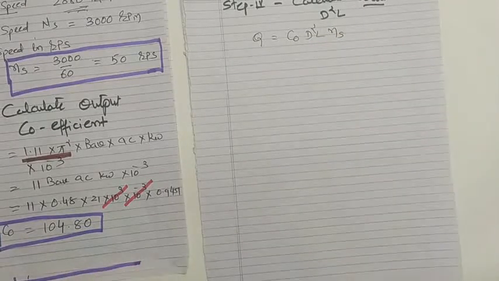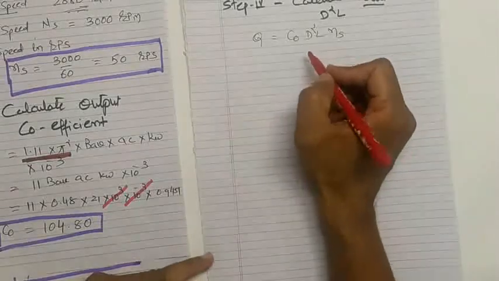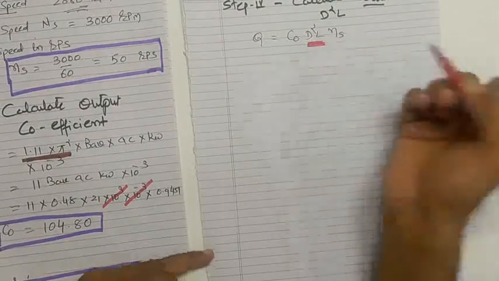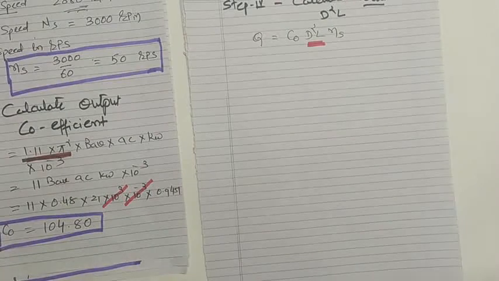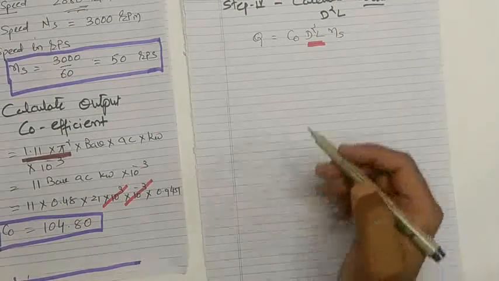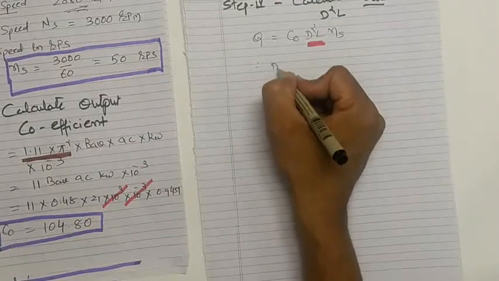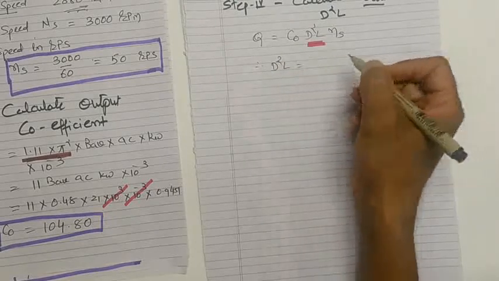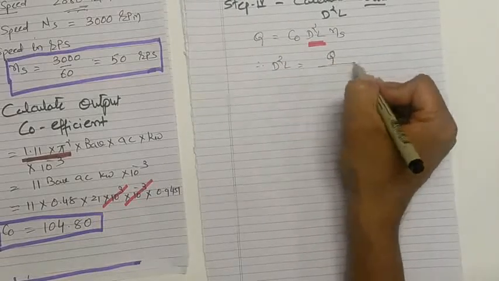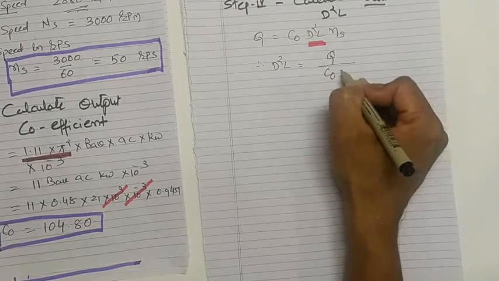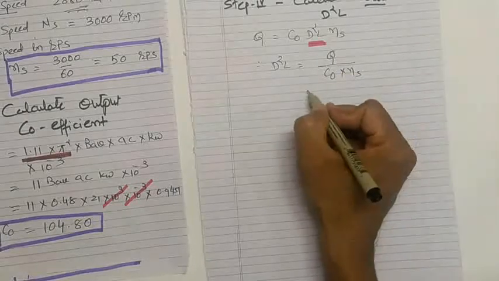You should always remember this output equation, it is very important. From this output equation we can easily calculate D square L, and therefore D square L is Q divided by CO multiplied by NS.